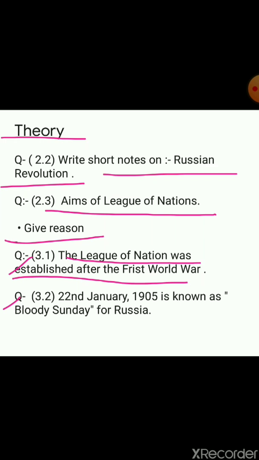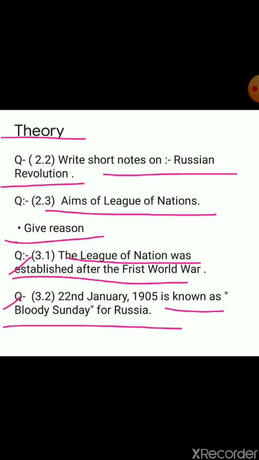And the second one, 3.2: 22nd January 1905 is known as the Bloody Sunday of Russia. Why was the day said to be Bloody Sunday?